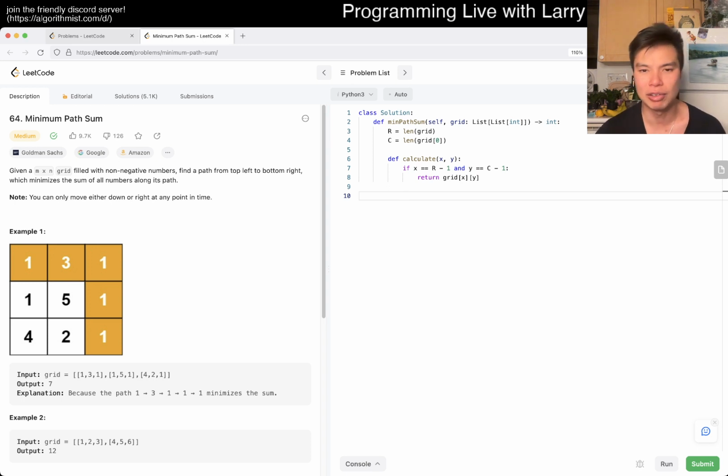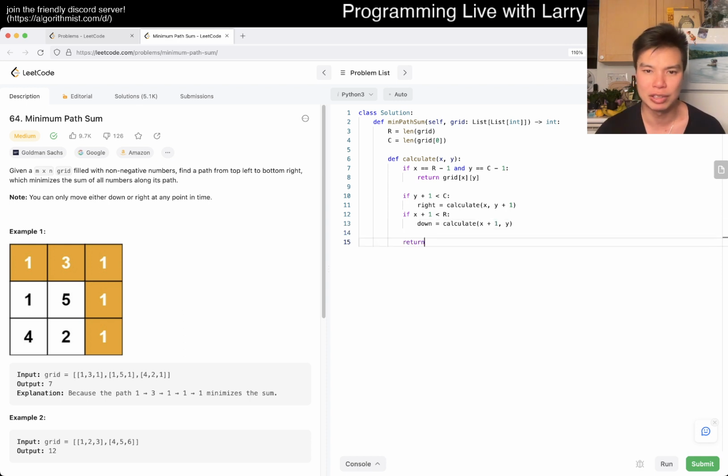So now you go right. Right is equal to calculate of x, y plus 1, and just assume, of course, y plus 1 is less than c, right? If x plus 1 is less than r, then down is equal to calculate of x plus 1, y.